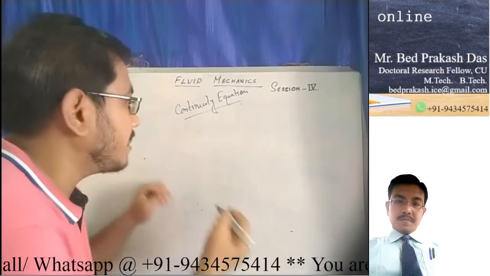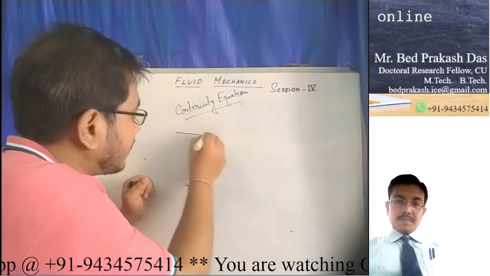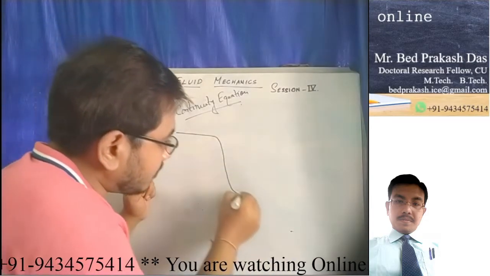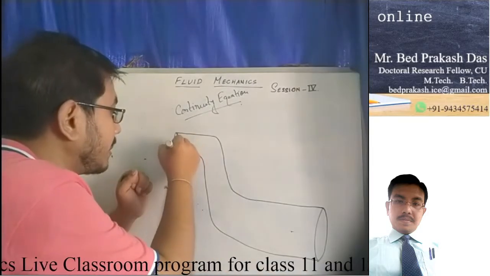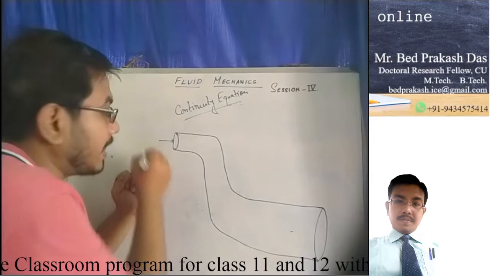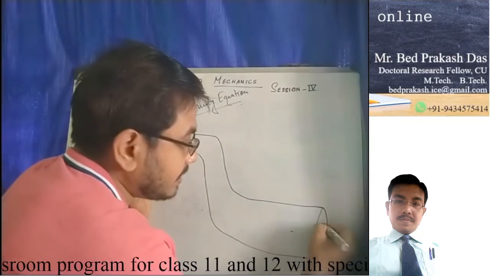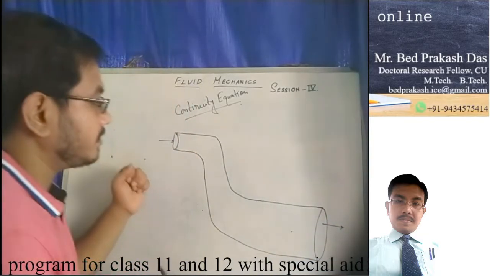Let's consider a pipe of varying cross section like this. Here the fluid is entering from this side and it is exiting in this direction.